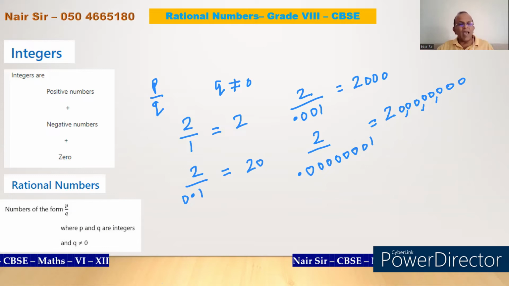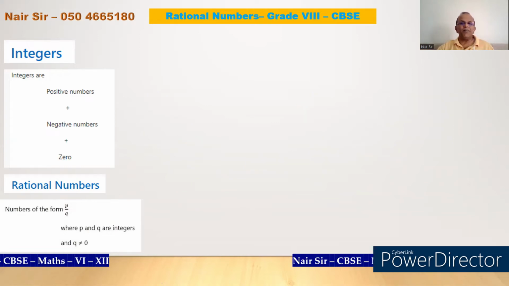That means as soon as this number comes closer and closer to 0, the number is becoming very big. And that is the reason 2 upon 0 is not defined, and they give it as infinite. Hope I am very clear. Can I go further? Yeah.